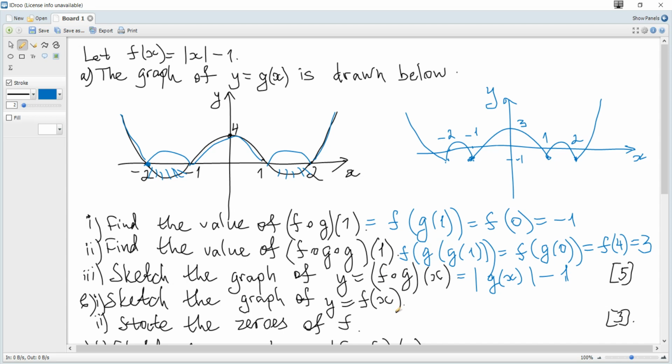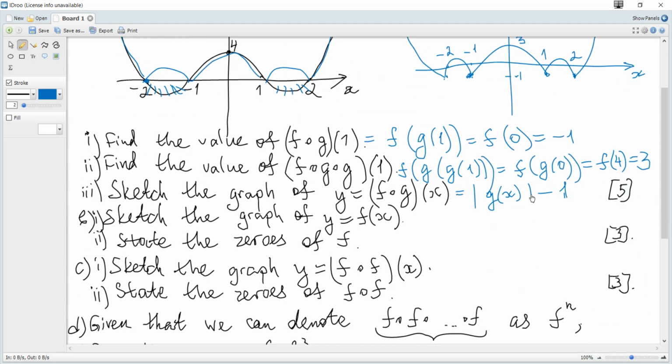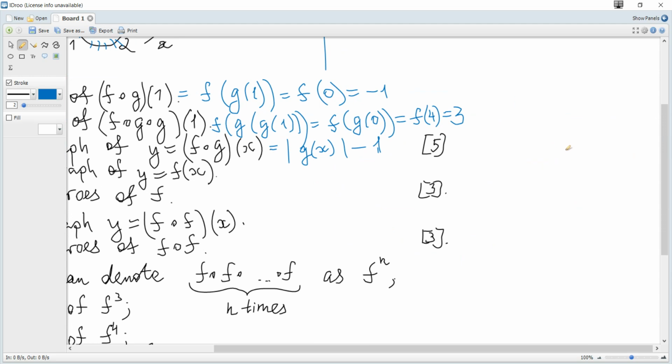Okay, the next, sketch the graph of y equals f of x. f of x is just the absolute value of x, it looks like this, and the minus 1 at the end means it's just translated 1 unit downwards, so it looks like this.